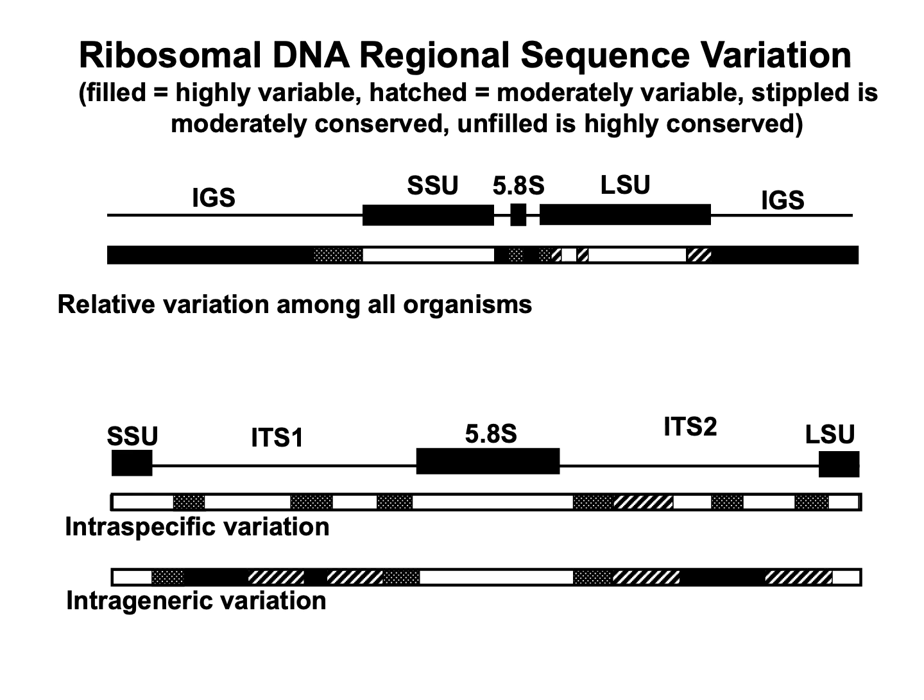And the reason is, and I talked about this last video, I believe, that the small subunit and large subunit are way too conserved, highly conserved. So you can't tell one fungus from another from that area. And even within the spacer region, the 5.8S gene is too well conserved.